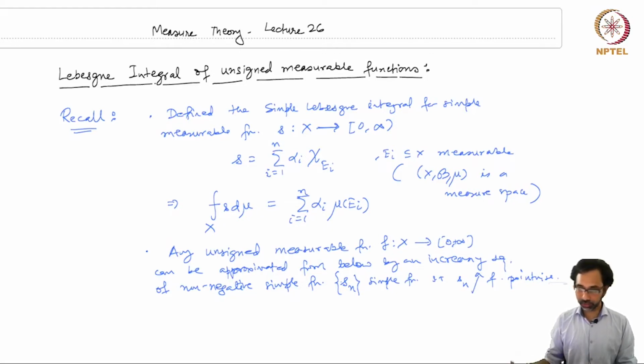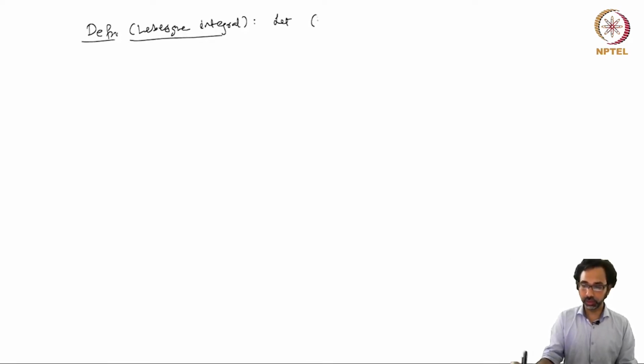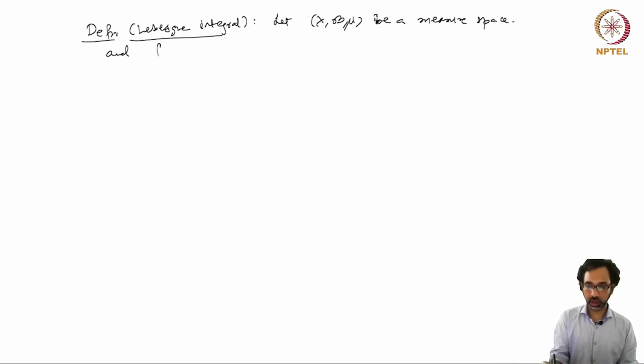So it makes sense to define the Lebesgue integral of an unsigned measurable function. Let (X, B, mu) be a measure space, and let f be an unsigned measurable function.